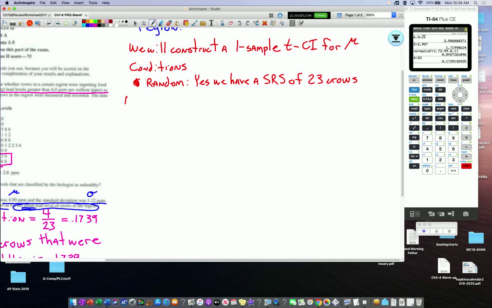Then I talk about it being normal. In this case, we are going to assume yes. And the reason why is n equals 23. Since it's not greater than or equal to 30, the central limit theorem doesn't apply.